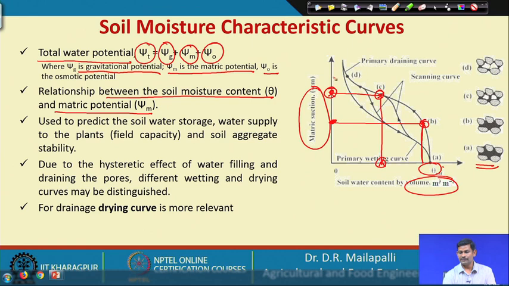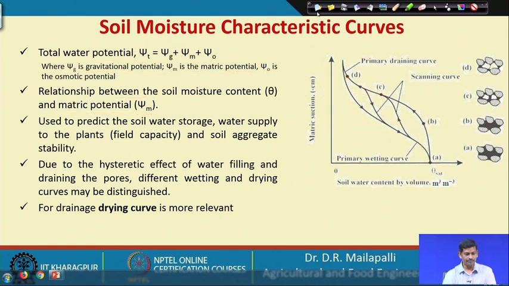Similarly, point D, this is the dry phase. In order to have this much soil moisture, you need to have this much suction to remove water. So the soil moisture characteristic curve is the curve between theta and psi. Here psi is psi t, the total we are talking about.